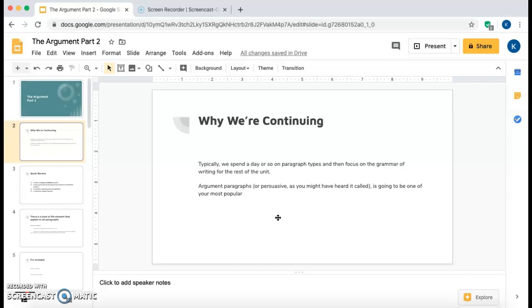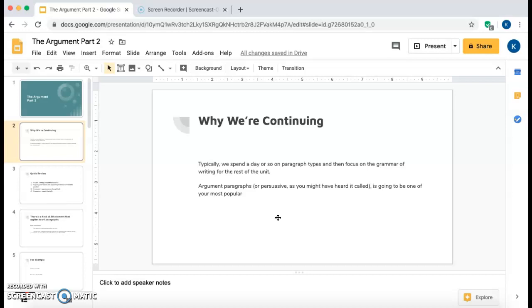So I just wanted to go ahead and lay that groundwork there for you now. That way, if you hear me talking about what you need to add in your persuasive paragraph or examples of what a good persuasive paragraph looks like, then you already know that I'm talking about an argument paragraph as well, because they're the same thing.